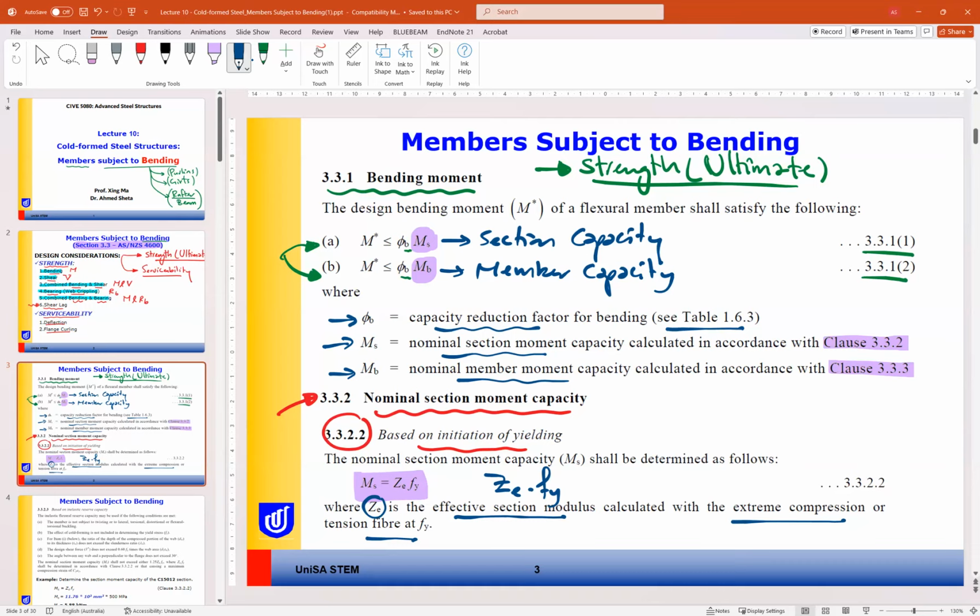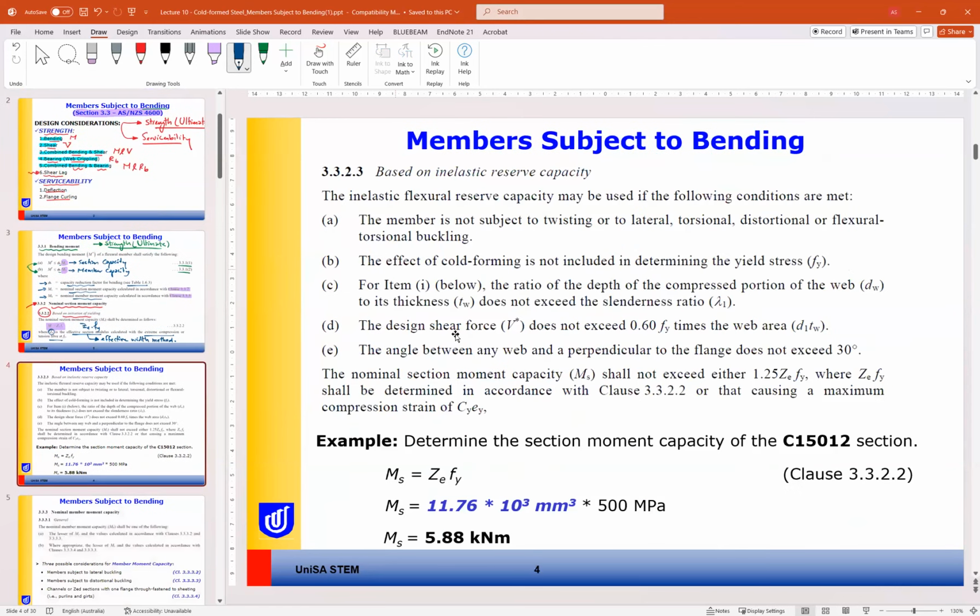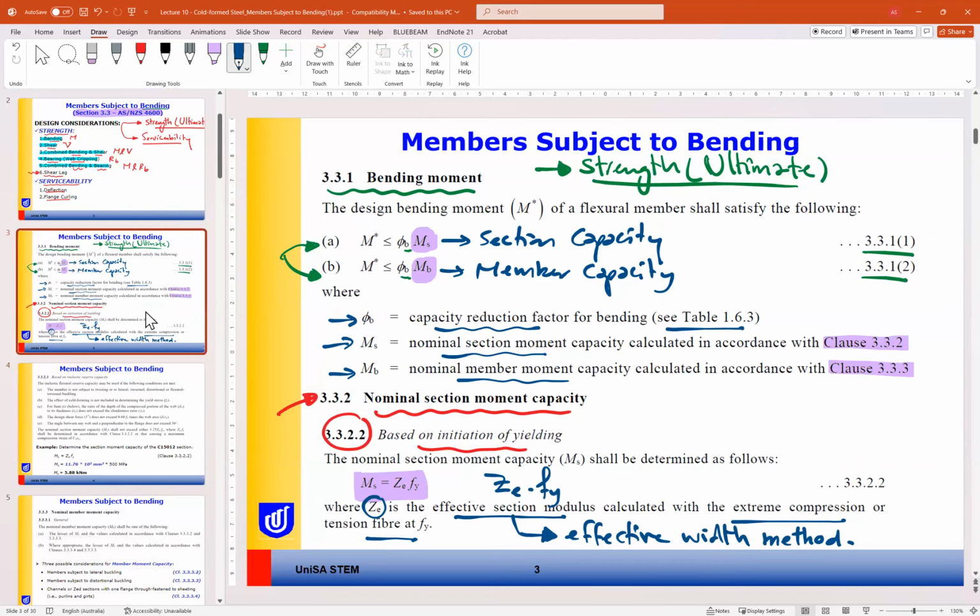So Z effective is the section modulus using the effective width method we discussed in the previous lectures. It is quite similar to hot rolled, nothing new. If you know the yield strength of the section and Z effective, you can find MS. This is the first one.